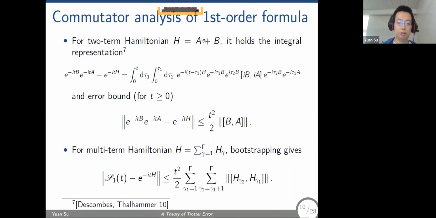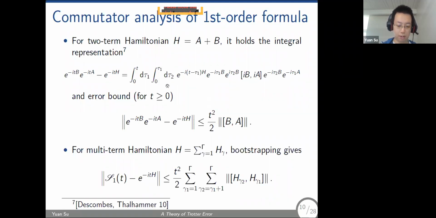And in this case, the trick that will work is to instead look at the integral representation. So we see that this is a first-order Trotter formula, e to the A, e to the B. And then this is the ideal evolution that we want to approximate. And so this says the difference of these two things, the Trotter error, is represented as a double integral.